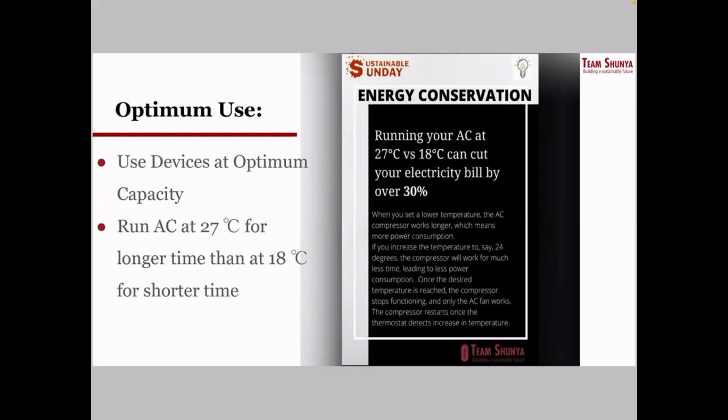Even though we are maintaining the same cooling effect, we are doing it at lower efficiency, and lower efficiency means we will have to add more energy for the same cooling effect, so cooling at 27 degrees Celsius will be more efficient.